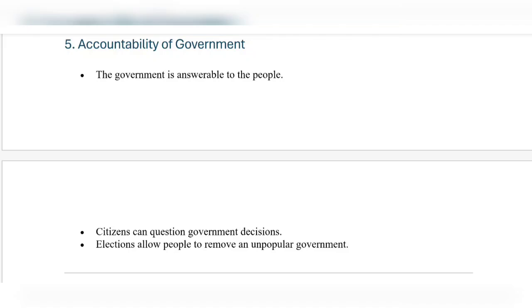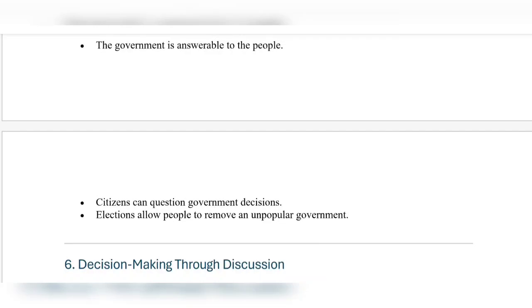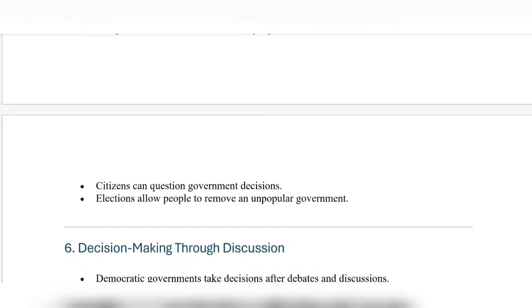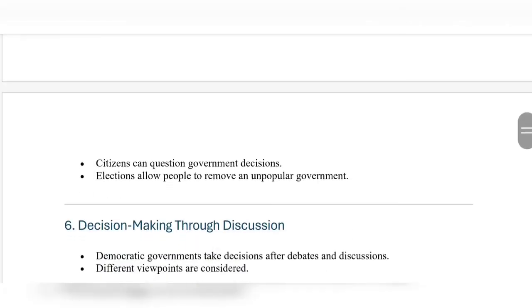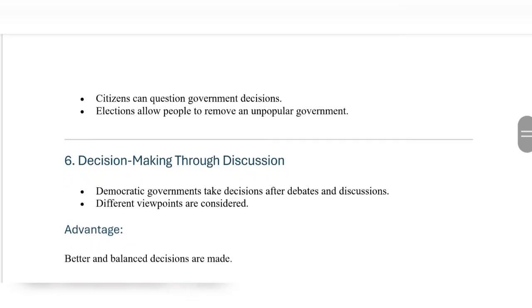So here questions can be asked from the government by the citizens about their decisions. Elections also allow people to remove an unpopular government which is not doing the work as it has to be done. So this is how we can understand the accountability of the government, that they will be answerable because we have chosen them and we can change them anytime.